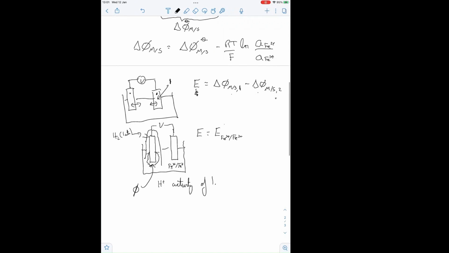And if they're under standard conditions, I can say that is the standard potential minus the potential across the second interface, which is 0, because by definition, and it's only by definition, when I have the standard hydrogen electrode, H+, H2, standard, then the delta phi ms2 equals 0. So I can now work out a potential for a simple redox couple.